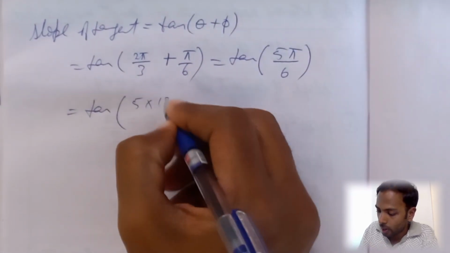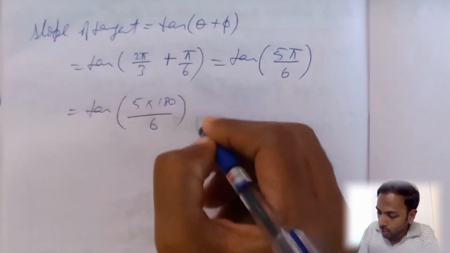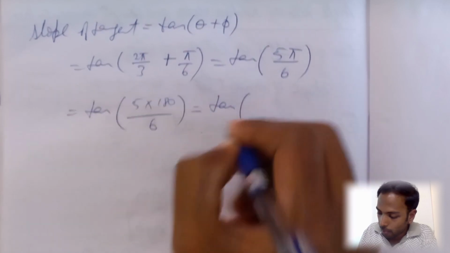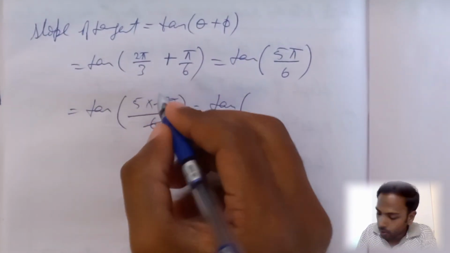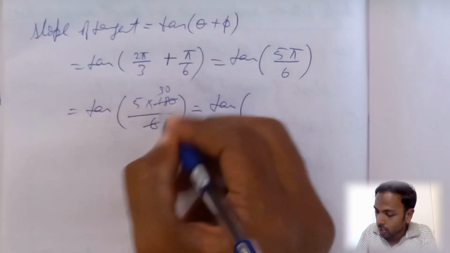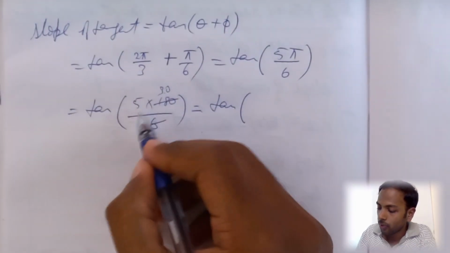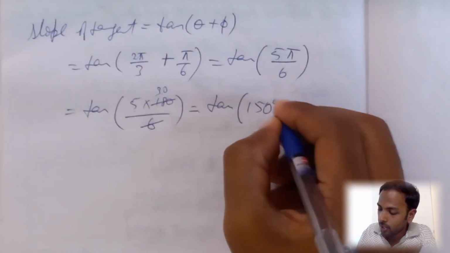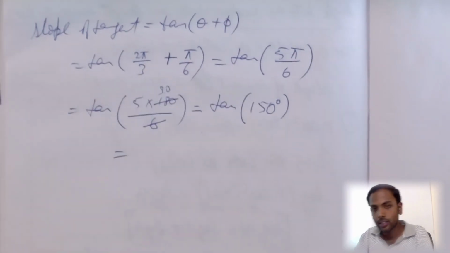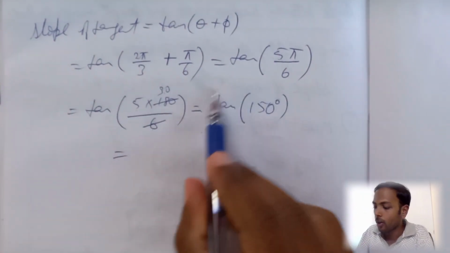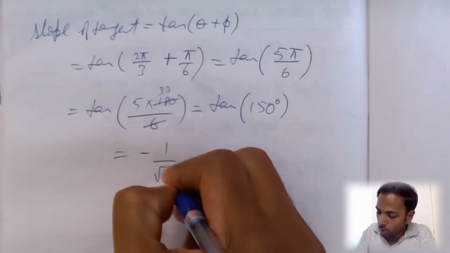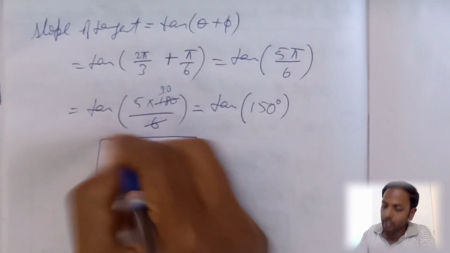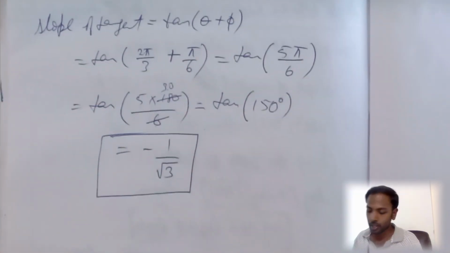So 5 into 180 by 6, this will go for 30 times. 6 30s are 180, so it will get cancelled, and 30 into 5 is finally 150 degrees. So just use a scientific calculator and find the value of tan of 150 degrees. The value is minus 1 by root 3. This is the slope of the tangent. That's all. Okay, it's as easy.